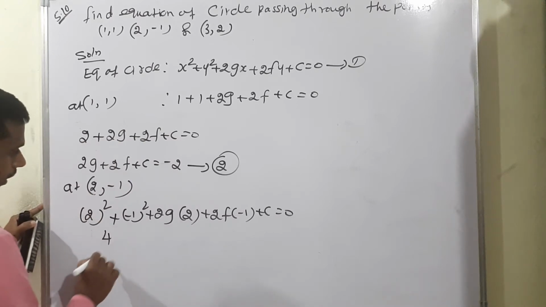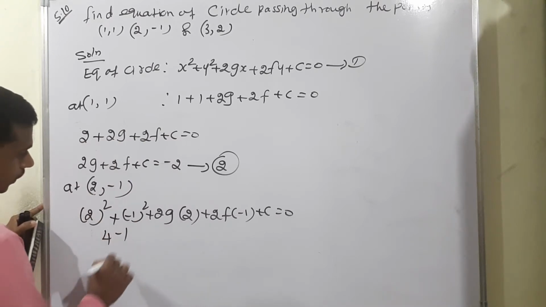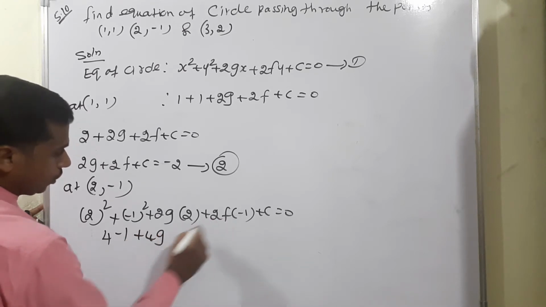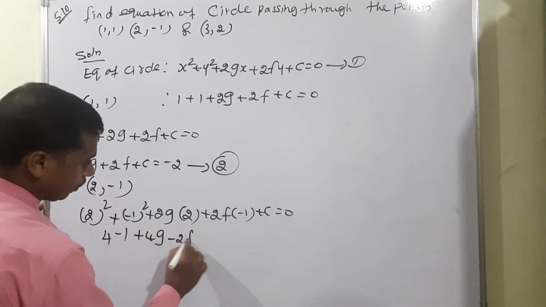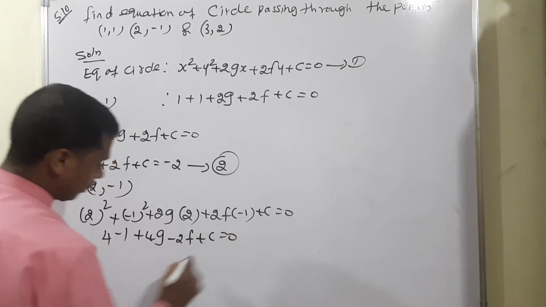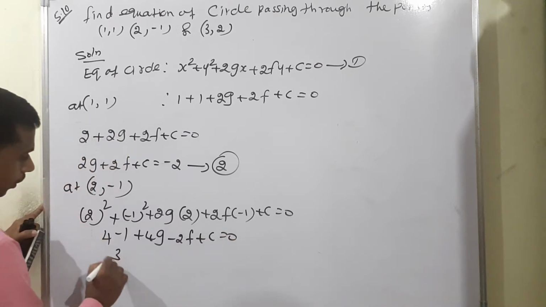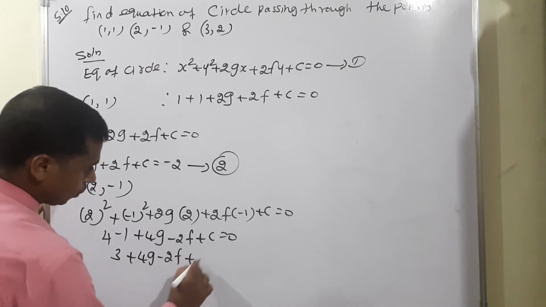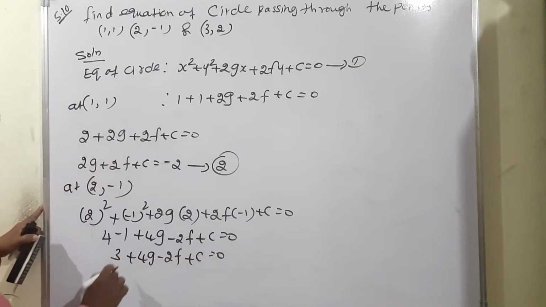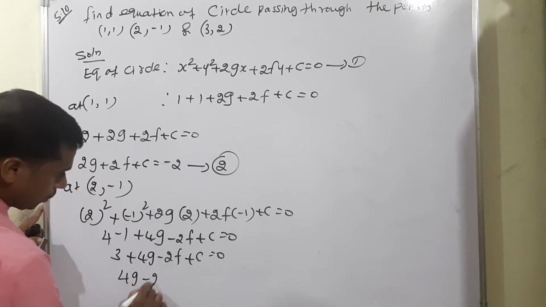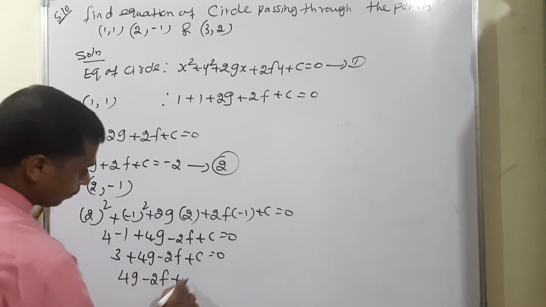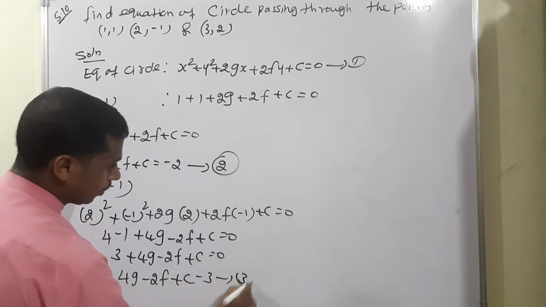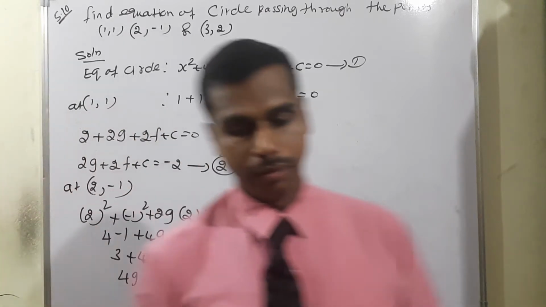So 2 square means 4, minus 1, 2 into 2 means 4g, 2 into minus 1 means minus 2f, plus c is equal to 0. Again 4 minus 1 means positive 3 plus 4g minus 2f plus c is equal to 0. Therefore, 4g minus 2f plus c is equal to minus 3, bringing the 3 to the opposite side. This is considered as equation number 3.